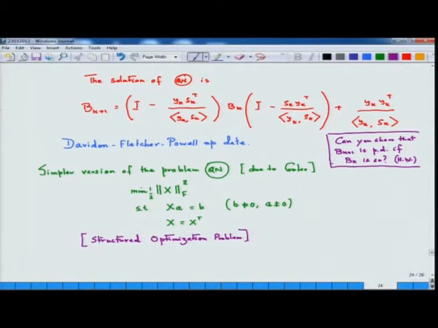Now, we are going to look into this problem and try to solve it. I can write down everything in terms of the variables x i j, where the matrix X can be written in terms of these, so these x i j can be my variables.